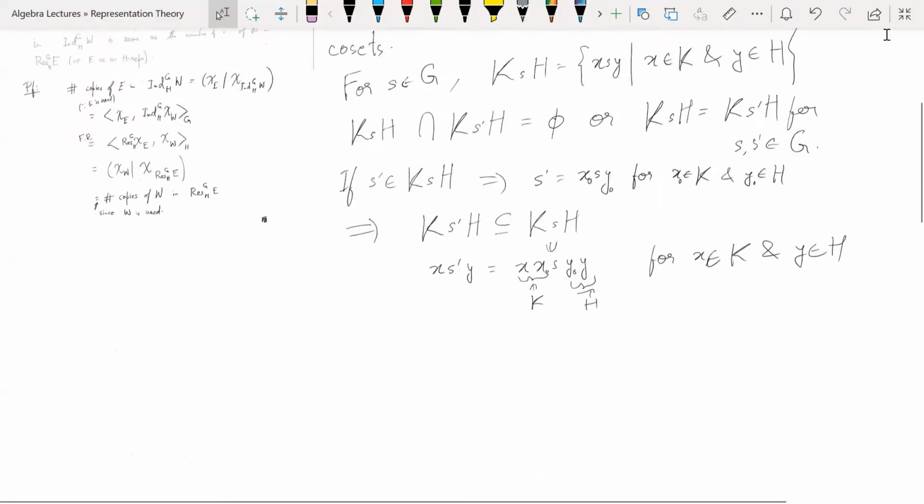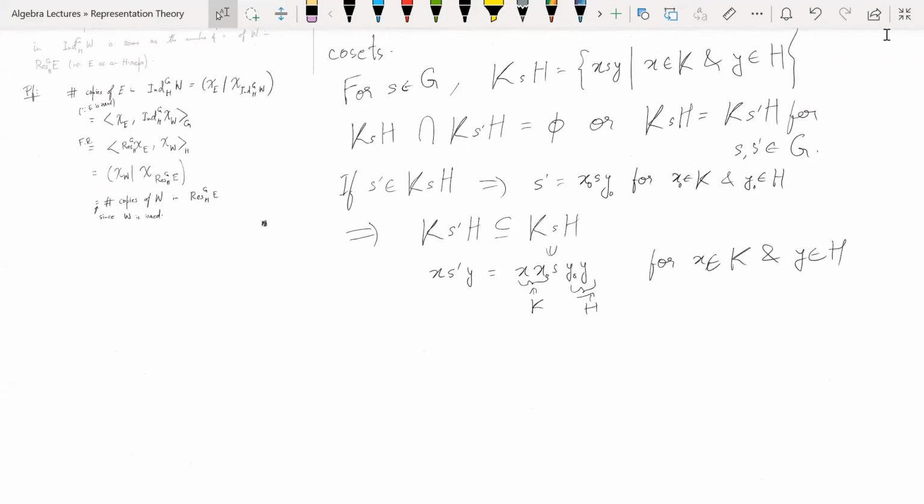The other inclusion you can also see similarly, or you can compare sizes if you are in the finite setup.